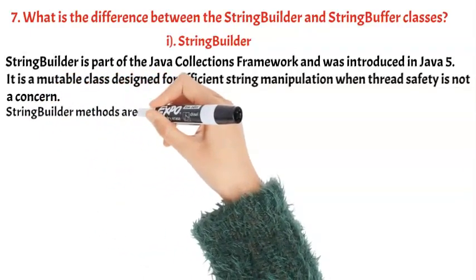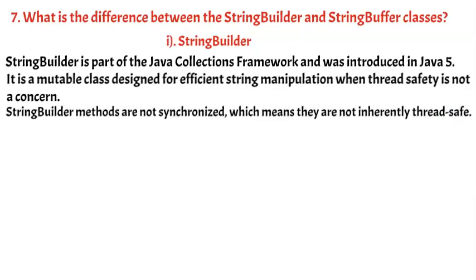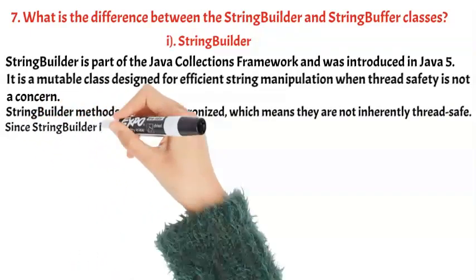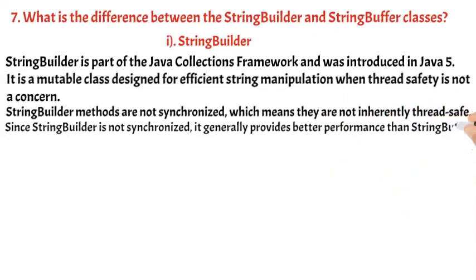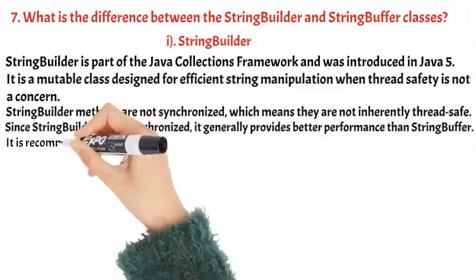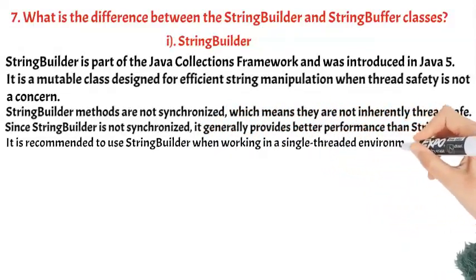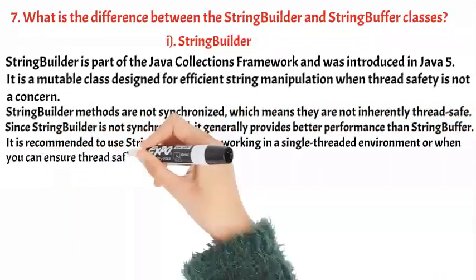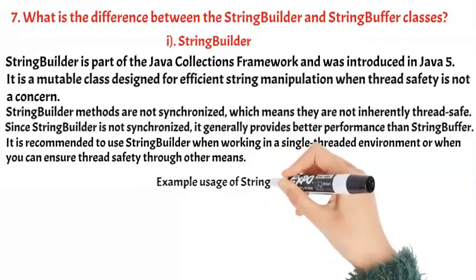StringBuilder methods are not synchronized, which means they are not inherently thread safe. Since StringBuilder is not synchronized, it generally provides better performance than StringBuffer. It is recommended to use StringBuilder when working in a single-threaded environment or when you can ensure thread safety through other means. Example usage of StringBuilder.